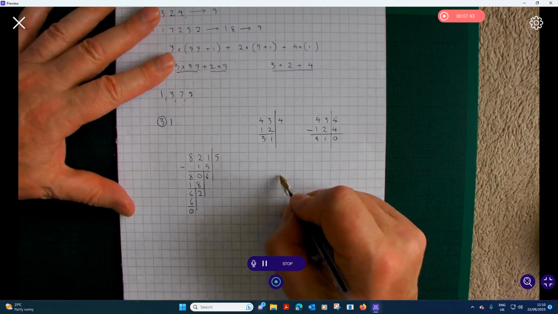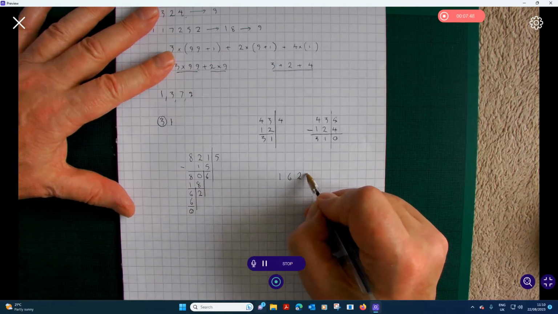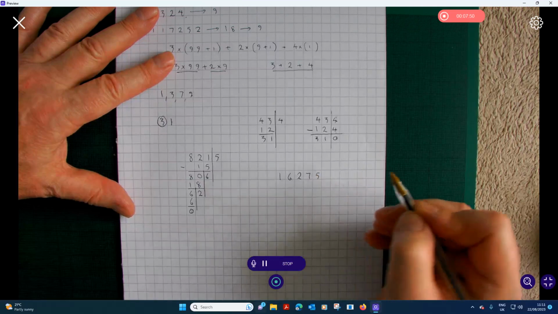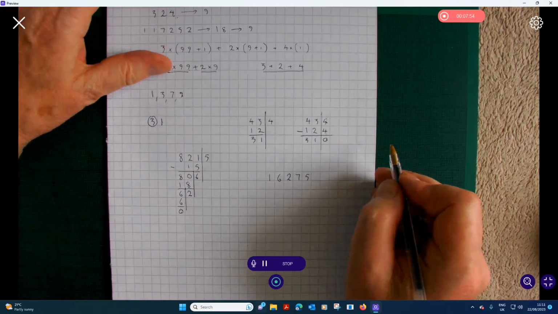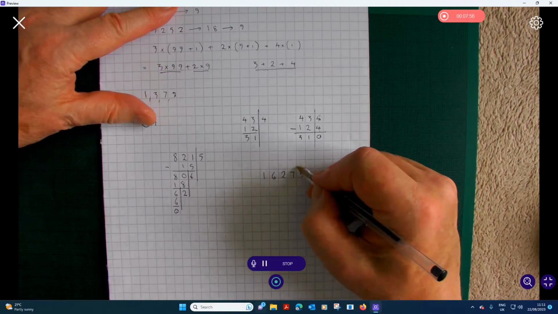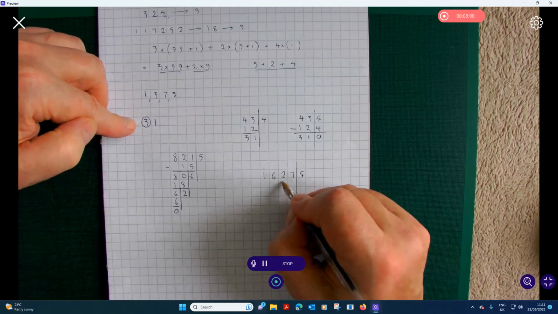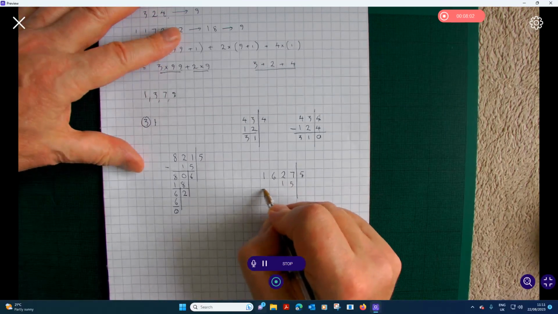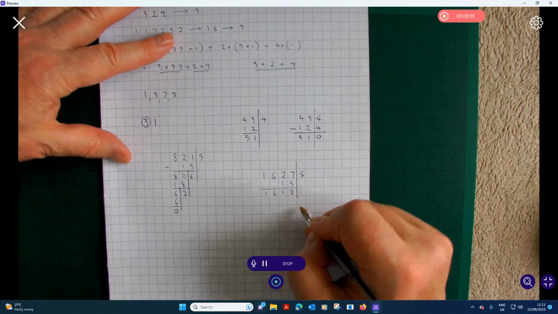And then I can do 16275. Not at all obvious that that's a multiple of 31, but let's apply our test. First of all, mark off the rightmost column and say 5 3s are 15. Then we're going to subtract 1612.